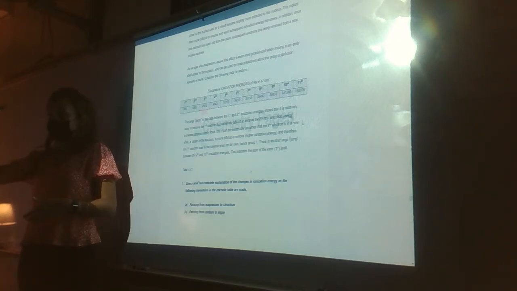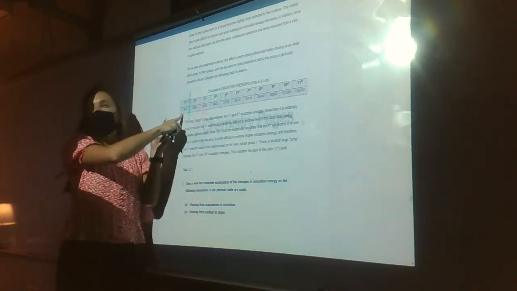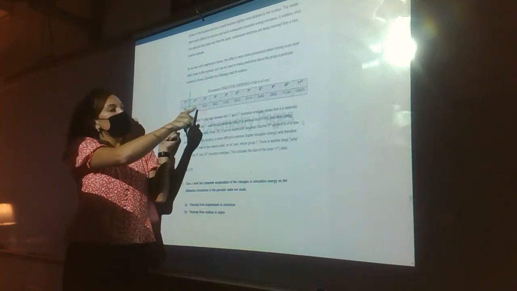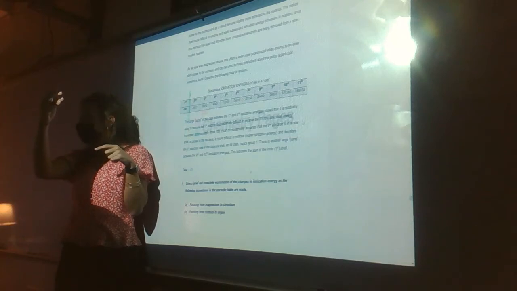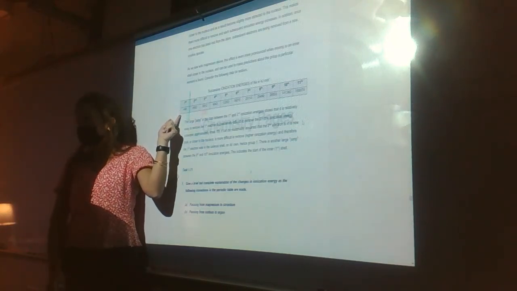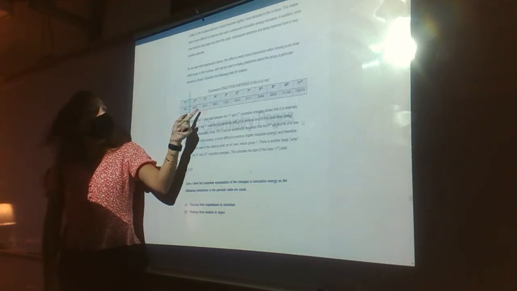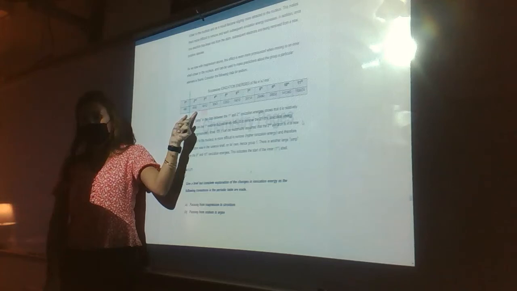One. It has one because from removing the first electron to removing the second electron, that energy jump is huge. Removing the first one only takes 496 kilojoules per mole. Removing the second one is 10 times more energy, 4,500.